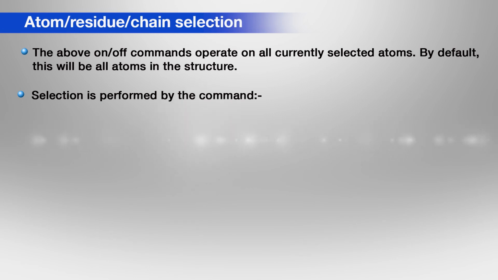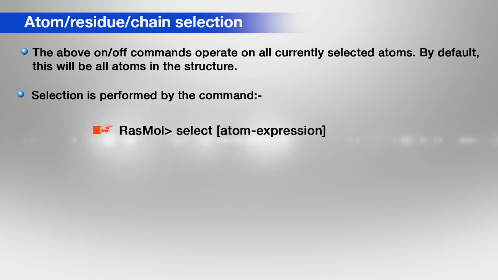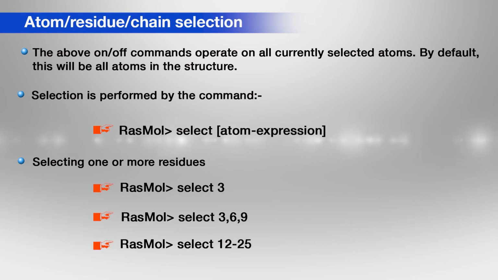Selection is performed by the RasMol select command, where the atom expression defines the atoms required. Atom expressions come in several varieties. These include selecting one or more residues. If you want to select residue 3, just give the command select 3.